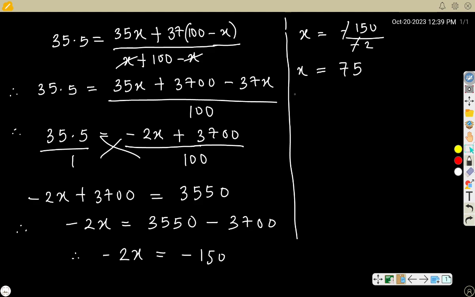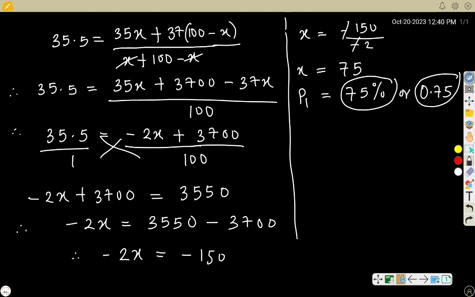Now that we know X, remember that is P1. So P1 is equal to 75%. Or if you change it to a fraction, that will be 75 divided by 100, that will be 0.75. This is percentage abundance, while this is fractional abundance. The percentage is in percent, but we change it to decimal, that's why we call it fractional abundance.